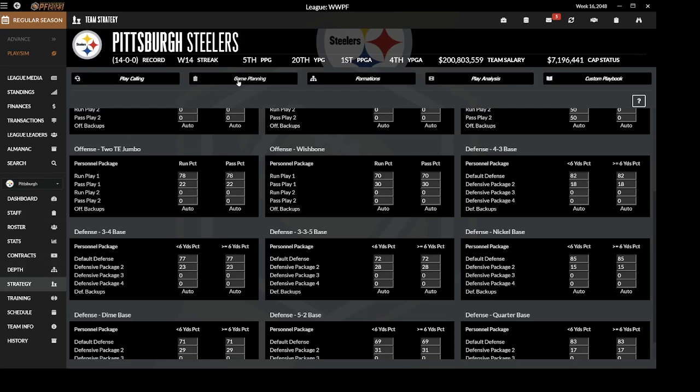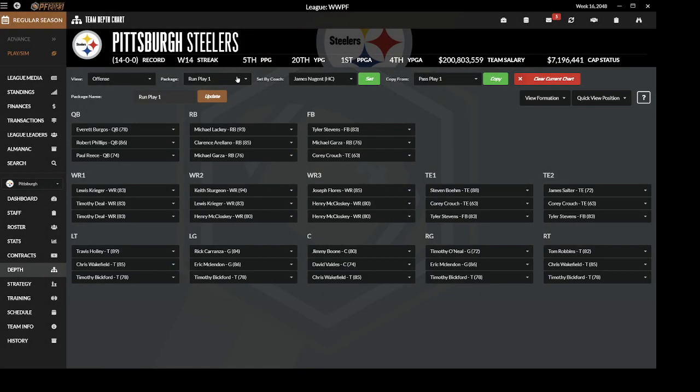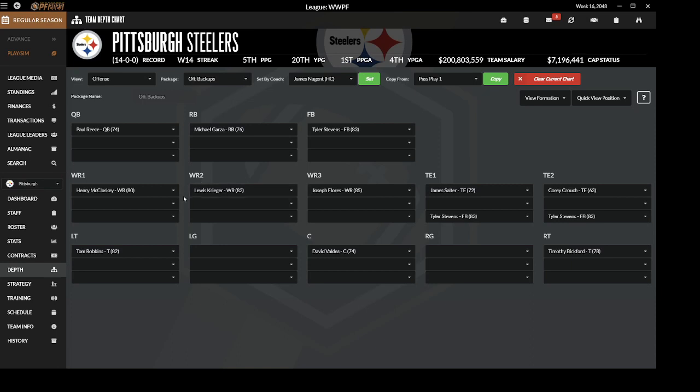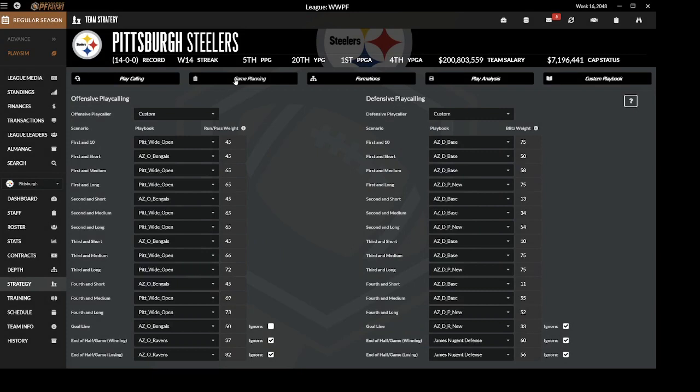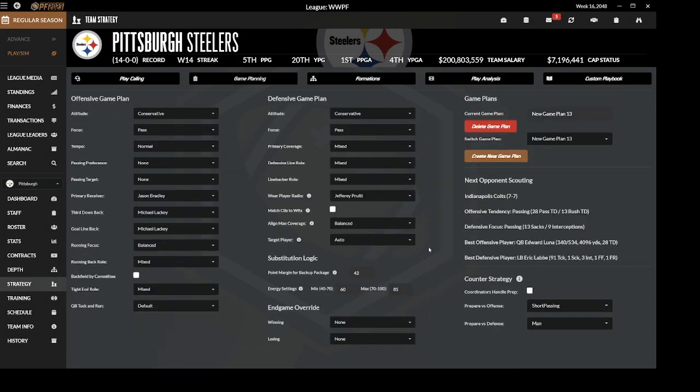I think the other thing just to keep in mind is if you choose to use offensive backups and you choose to use the in-game logic to control your rotation, first of all, on both offense and defense, there's this thing called offensive backups. It's not situational, it's just these are the backups who will come in when the backup logic triggers. And the backup logic is controlled right here.